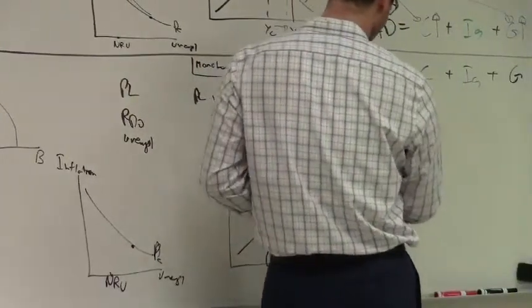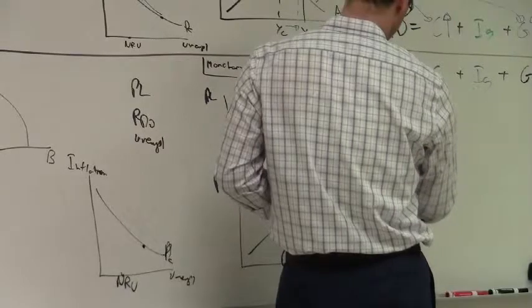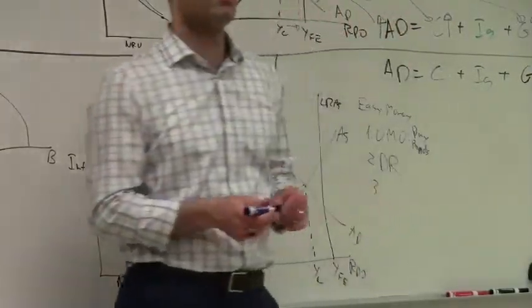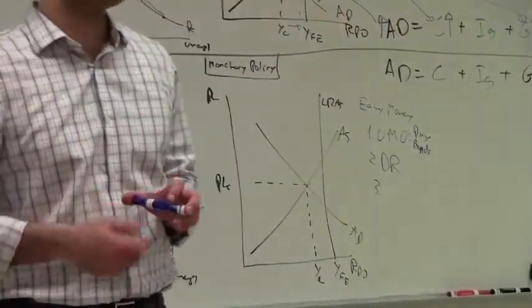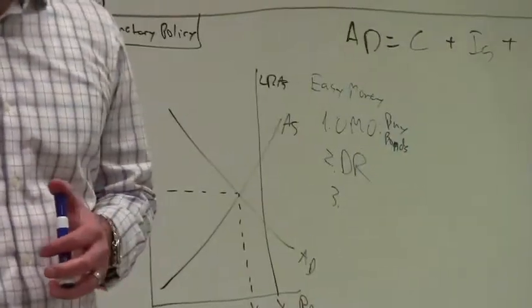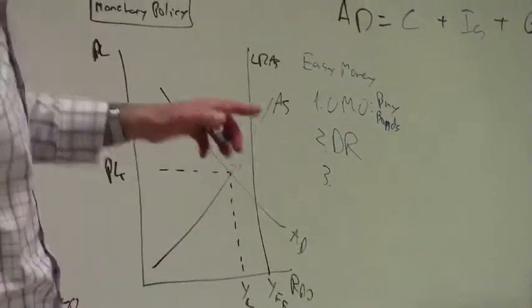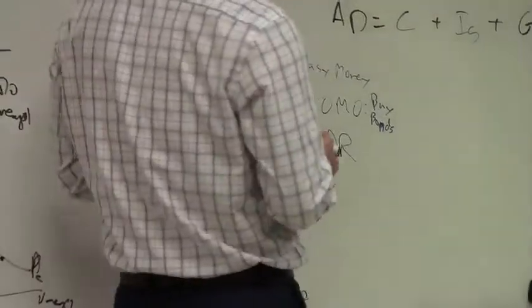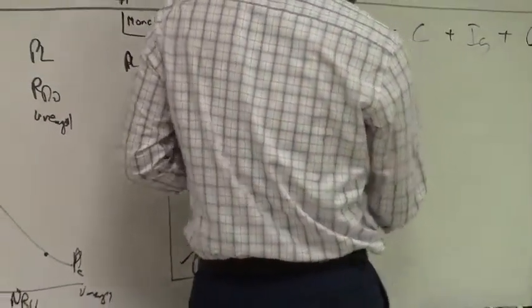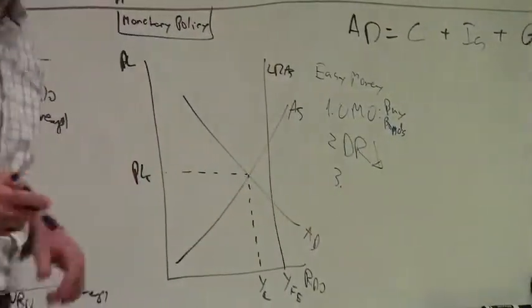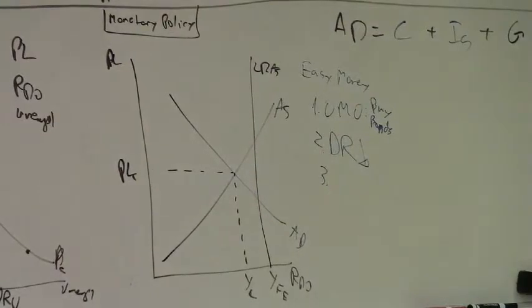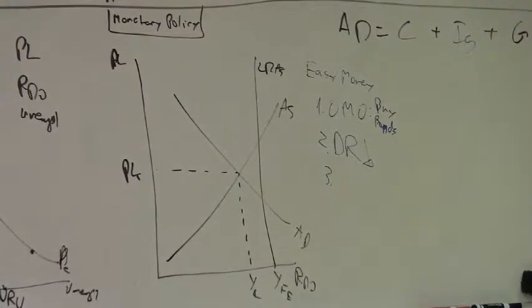Okay, 2 is discount rate. It's the interest rate that the Federal Reserve charges its member banks, its commercial banks, when they want to borrow money, right? And if it's charging a lower interest rate, those commercial banks are going to borrow more money. It's cheaper, right?